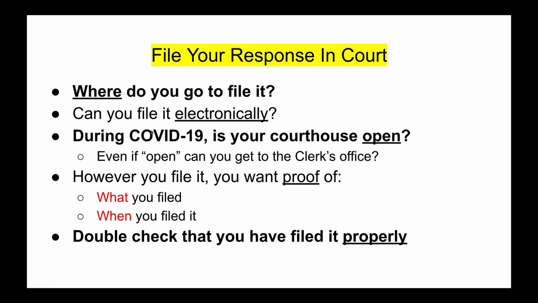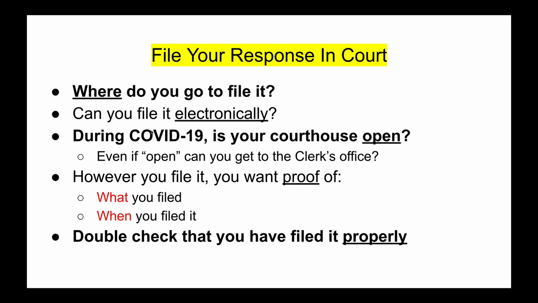And I have an extra copy. Would you guys stamp this as being filed so I can have proof that it was filed on this day at this time? Normally there's a little machine that will say, November 18 at 3:33 p.m. And you may want to do 2 of those, okay? And one of those we'll send to the other side typically. But you want to make sure that you have proof of what you filed and when you filed it.